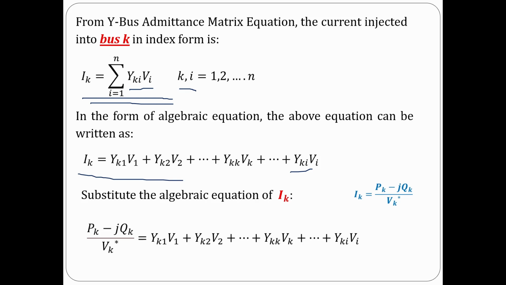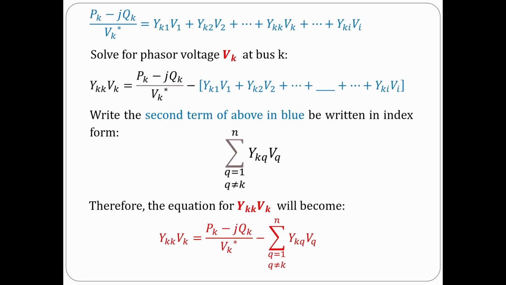Substituting this algebraic equation of Ik, we get Pk minus jQk over Vk conjugate equal to Yk1 V1 plus Yk2 V2 plus ... Ykk Vk plus ... Yki Vi. This equation is the equation from previous slides.